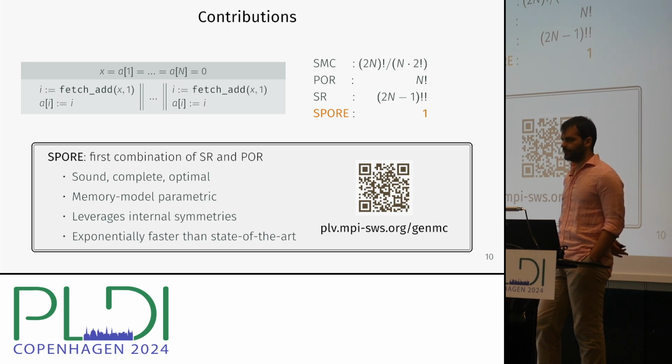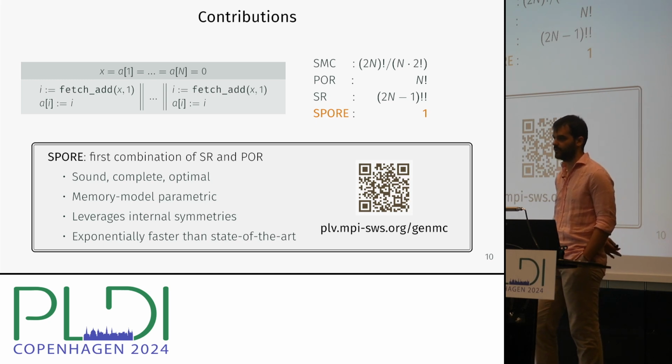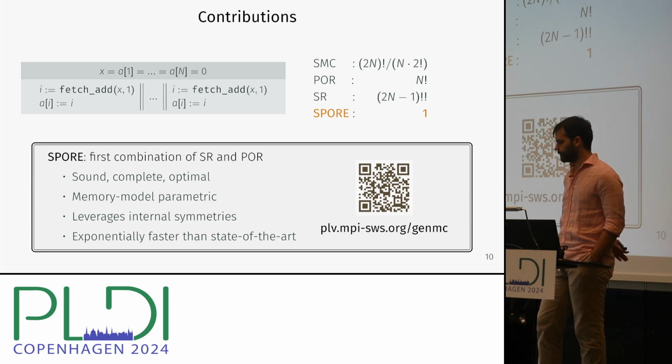I think it's complementary in the sense that I suspect commutativity conditions, you can have them dynamically, even if the threads are not symmetric and so on. But how it compares in terms of reduction, I don't have an answer. It's definitely interesting to see.